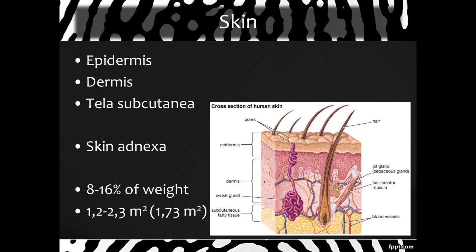Then it provides immunologic defense and immunologic information. It participates in the regulation of body temperature and also water loss, and it provides sensory information from the external environment to the central nervous system, and it also has excretion or exocrine and endocrine function.